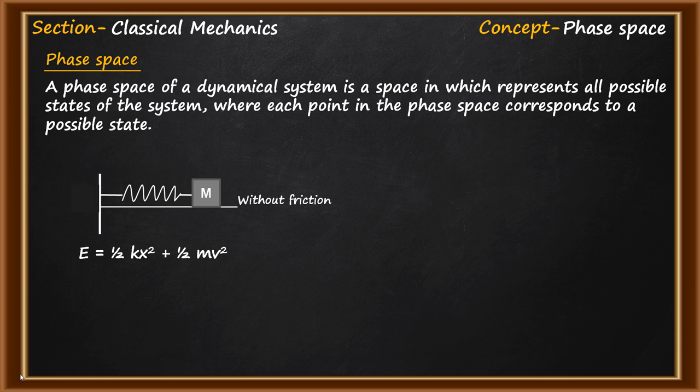In this case, the energy oscillates between the kinetic energy of the block and the potential energy stored in the spring. Since there is no friction, there are no dissipative forces. At the beginning of the oscillation, all the energy is stored in the spring as potential energy half kx square. Now as the block starts to move, the velocity of the block increases and the potential energy stored in the spring is gradually converted to the kinetic energy of the block.